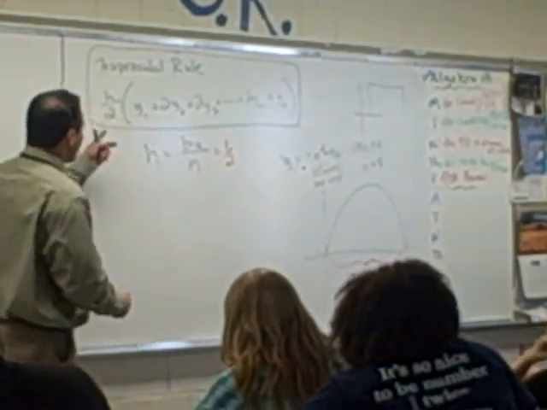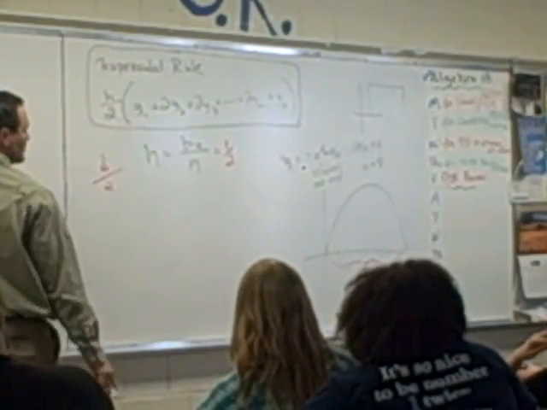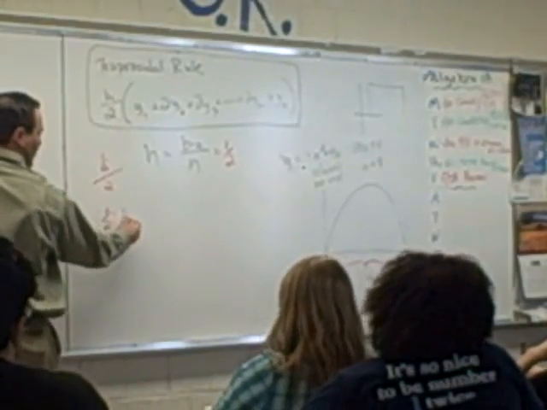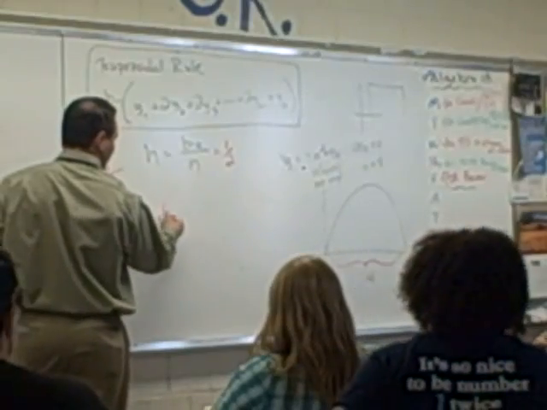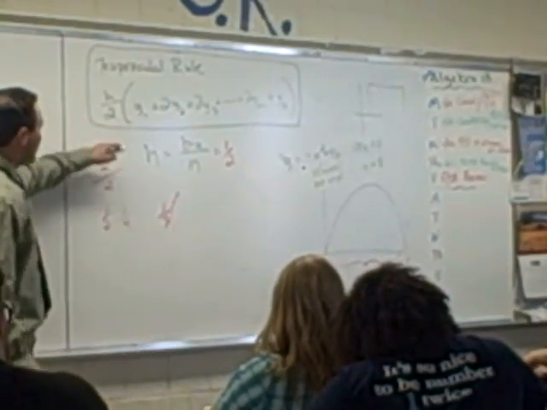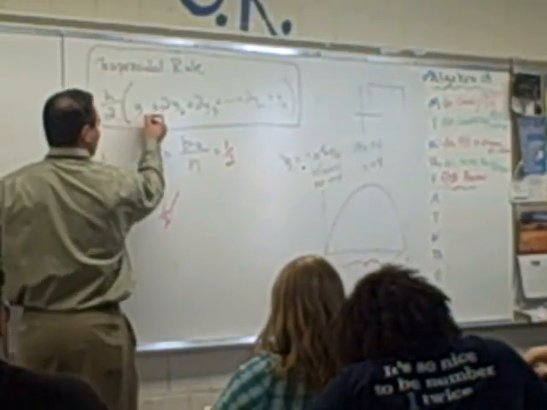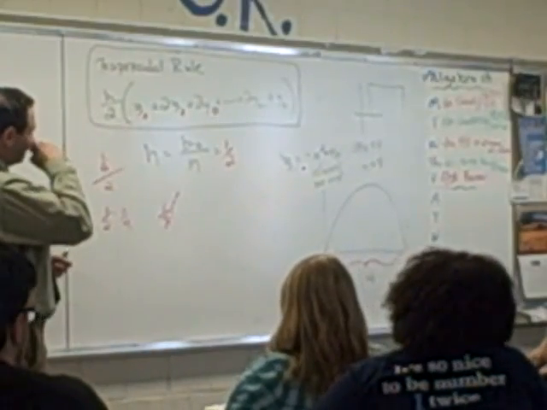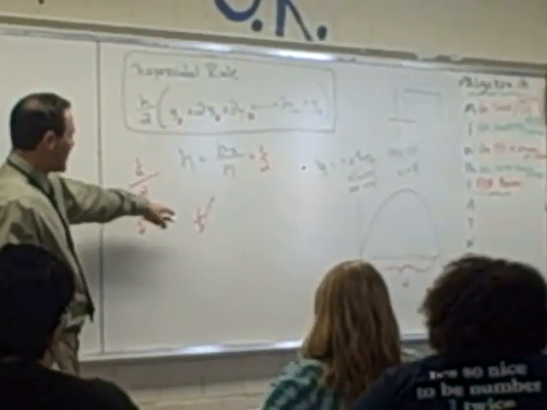So applying this formula, I have 1/2 over 2. I would think of it as 1/2 times 1/2. Divided by 2 is the same as multiplying by 1/2, so we get 1/4 out front. Okay, so the next thing we have to do is find my y values.